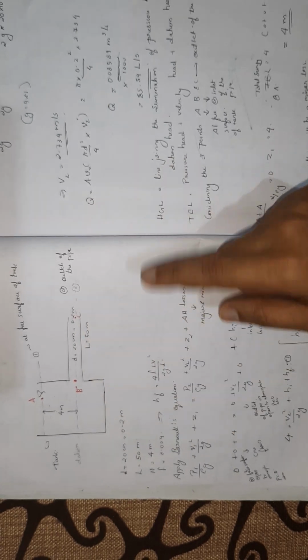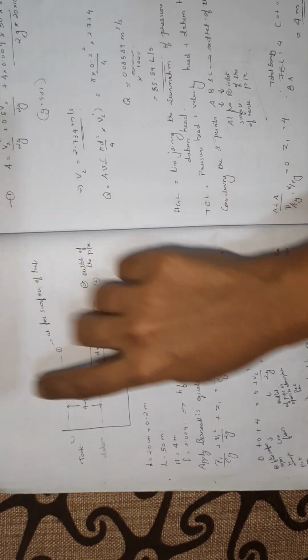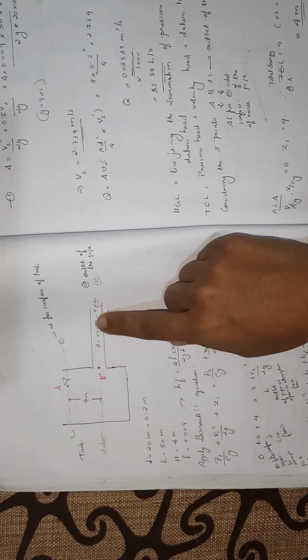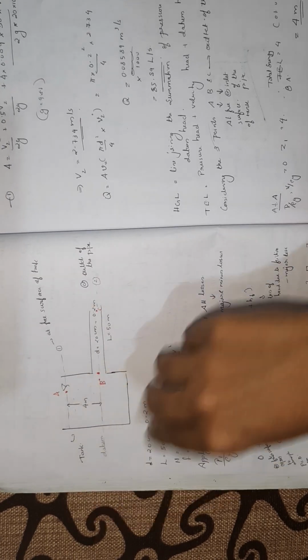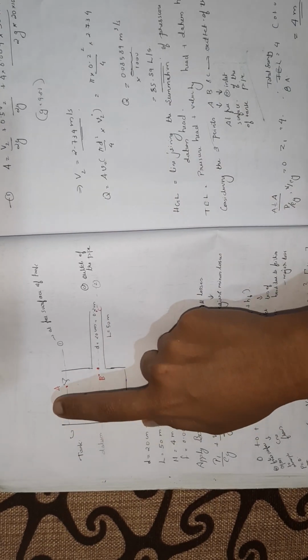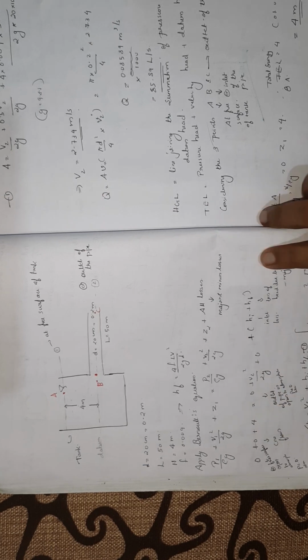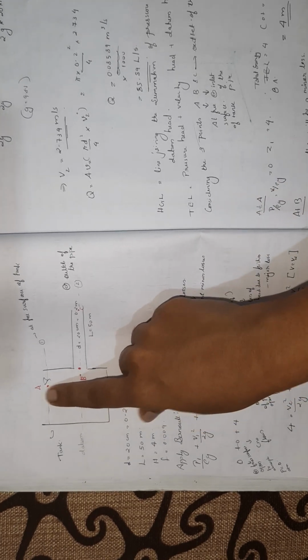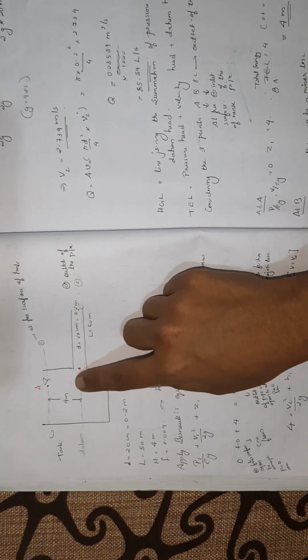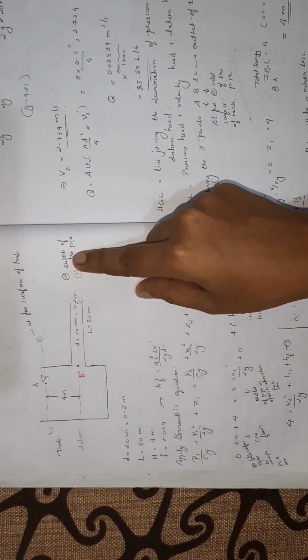So comparing these two areas, the velocity at this point will be very much low and the velocity at this point will be very much high in order to adjust the discharge. So we can take at this point the velocity as 0 because practically there is no flow at this point. Only the water or the fluid is flowing only through the pipe, isn't it?